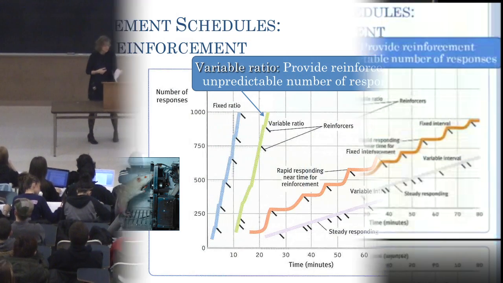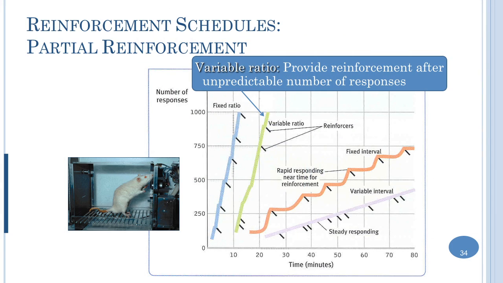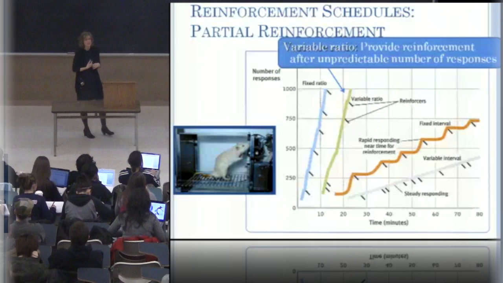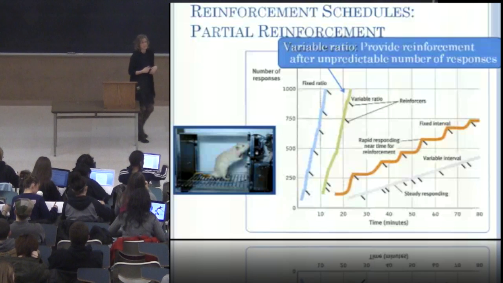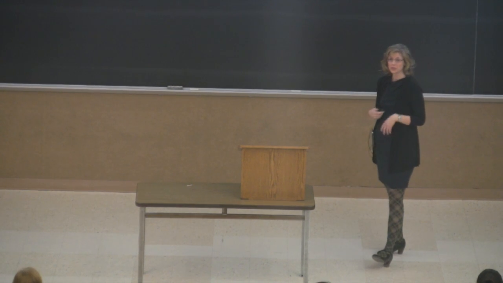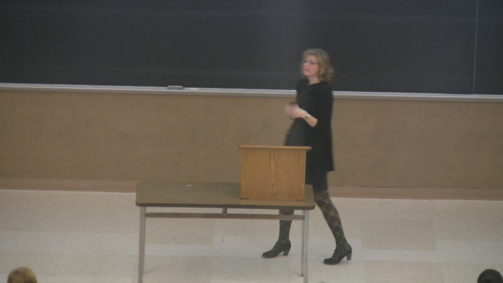Okay, next we have variable ratio. And variable ratio is by far the most common schedule of partial reinforcement that we encounter in our lives. Gambling is the big one we point to here. Vegas is built on the idea of variable ratio reinforcement. Think about if you've ever gambled. The idea being that you could win on the first try, you could win on the 5th try, you could win on the 50th try.